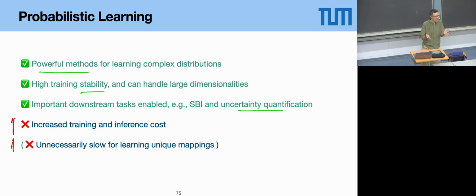If you're just learning a lot of mean values with this, potentially it can also work, but it might be slower than necessary. Also, especially for the inference cost, the community is working on this quite actively. I think things will improve, but it is definitely not the cheapest method in the area.